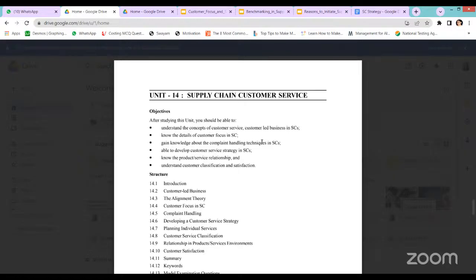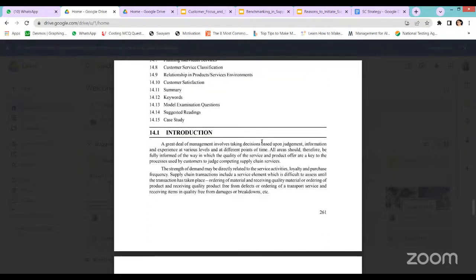So how does supply chain customer service work, and what theories are involved? What is the focus on the customer in the supply chain, and how to handle complaints? Classifying the customer services is what we learn under this.